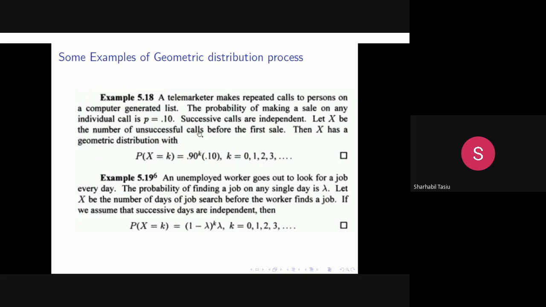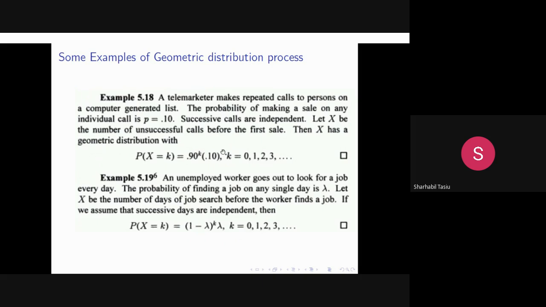Now, we know why this follows a geometric distribution from our last class, we have explained, and I will say we are looking for the number of failures before success. We say let X be the number of unsuccessful calls before the first sale. So we're trying to model the number of failures before the first success, and that makes it a geometric distribution.